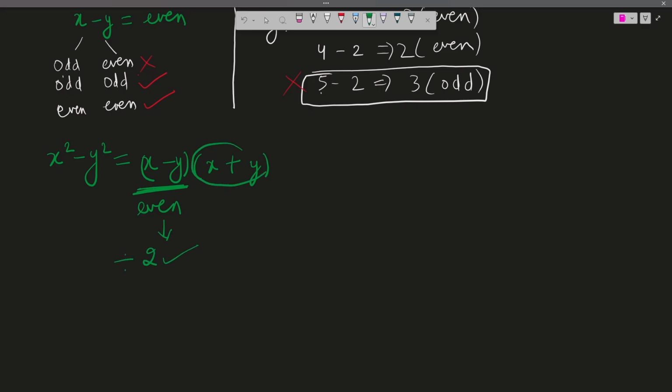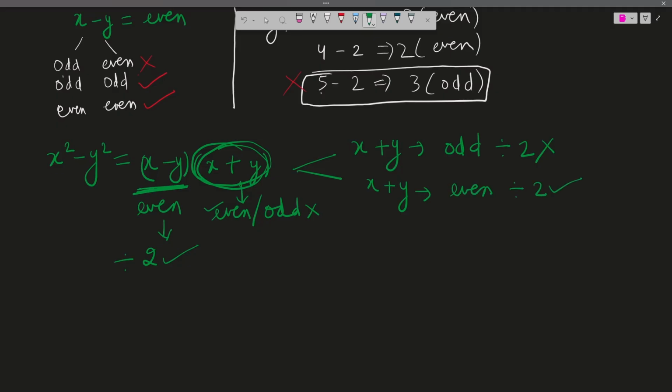To prove that it is divisible by 4, x plus y needs to be even, because if it is odd, the product will not be divisible by 4, but if it is even, it is divisible by 4. What I mean is that if x plus y is odd, it will not be divisible by 2, but if x plus y is even, only then is it divisible by 2.